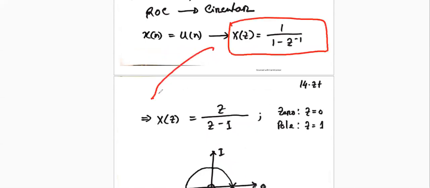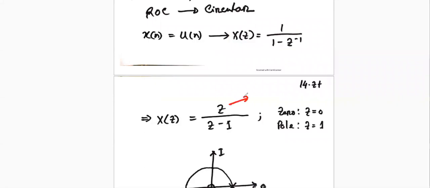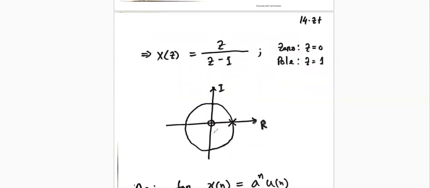From this, we can extend it to z divided by z minus 1, where we have a 0 at z equals 0 and a pole at z equals 1. We have the pole and the 0, and we can plot it like this.